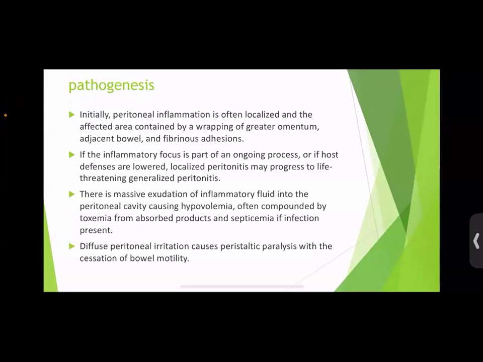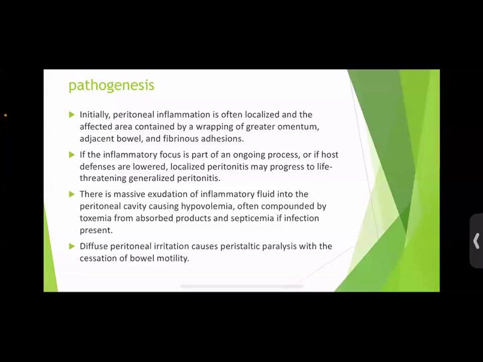Now, pathogenesis. Initially, peritoneal inflammation is often localized, and the affected area is contained by a wrapping greater omentum, adjacent bowel, or fibrous adhesions. If the inflammation focus is part of an ongoing process, or if the host defenses are lowered, localized peritonitis may progress to a life-threatening generalized peritonitis.